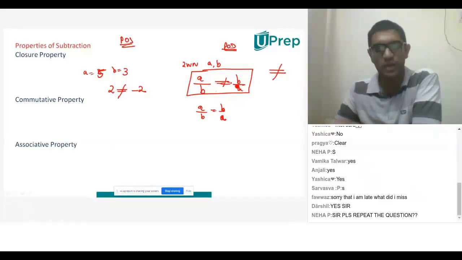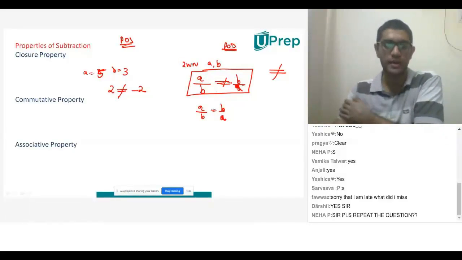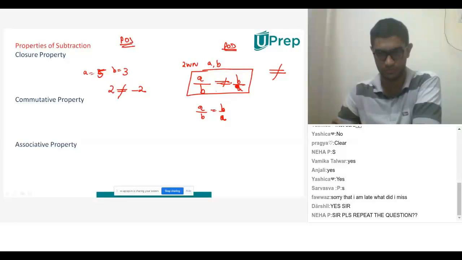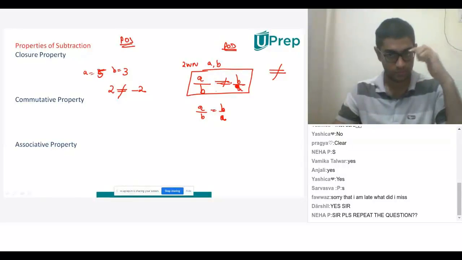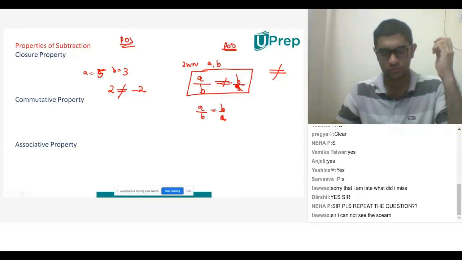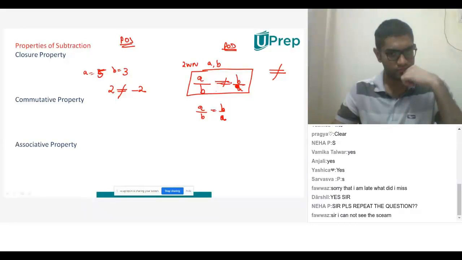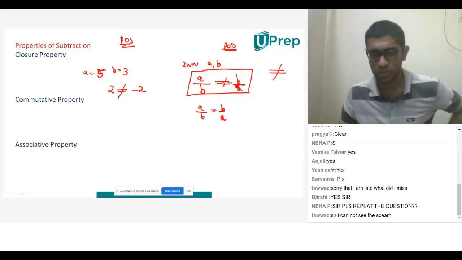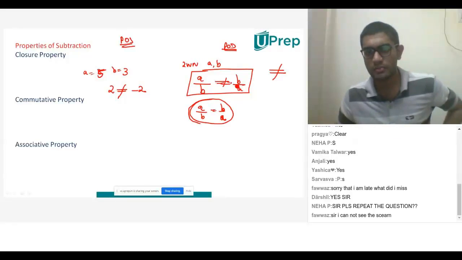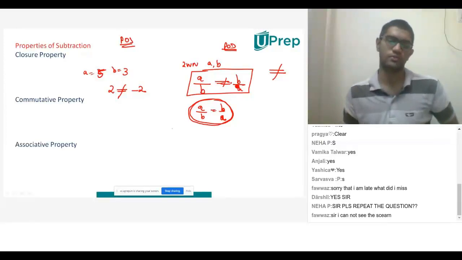Is there a case where A by B is equal to B by A? When can these two be equal? Sir, you can add or multiply two whole numbers in any order, but the same is not true for subtraction and division. Okay, that is right, but that is not my question. My question is, when can this be possible? When can A by B be equal to B by A? That is my question.